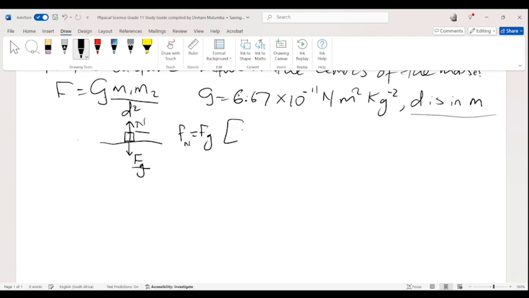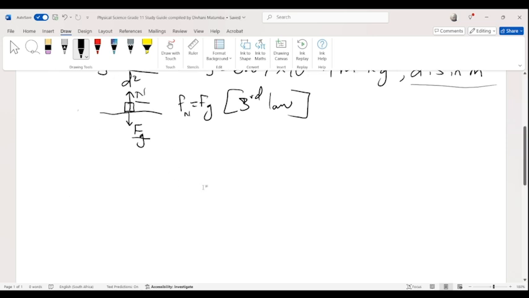This is where we talk about Newton's third law, action and reaction. The box exerts a force on the earth and the earth exerts a normal force on the box. Wherever there's an action, there's a reaction. Now, if we go to Newton's second law, the resultant force is actually zero. That's why the box will just stand there with no motion.